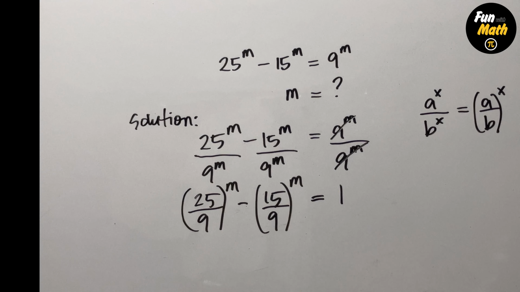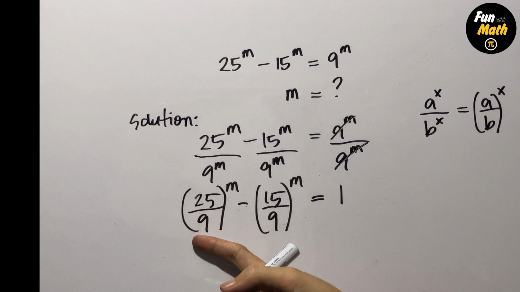Our next is, for 25 over 9, we can write it in exponent form.